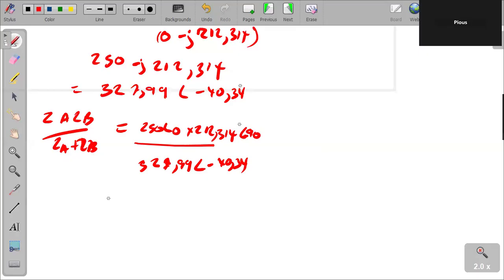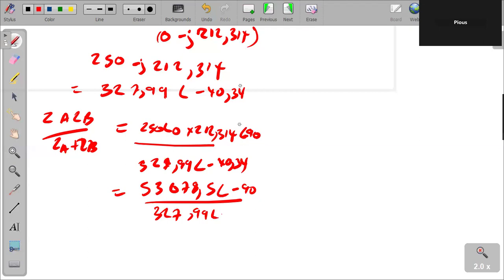Simplifying the top part first, it gives us 53,078.5 angle of negative 90, divided by 327.99 angle of negative 40.34.